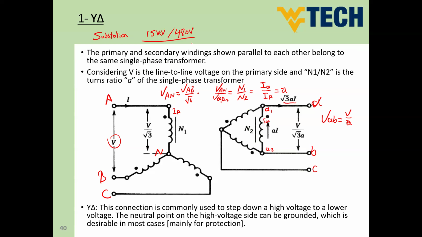But sometimes we may find delta Y still in the same application for the substation. But this can happen if you need Y connection in the secondary side, if you have single phase loads. So you need to have single phase loads.